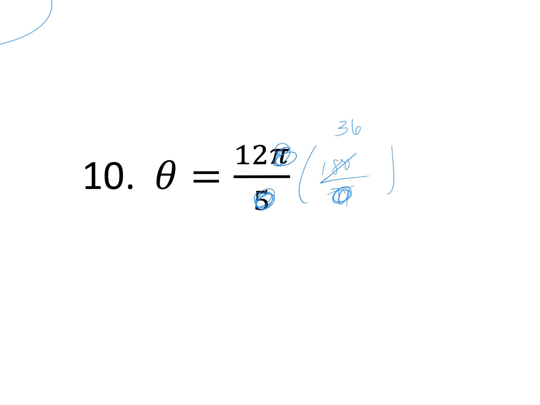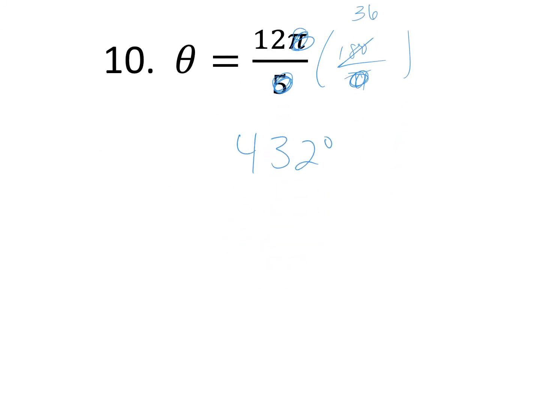And then 36 times 12. Well, 36 times 10 is 360. 432 degrees. All right.